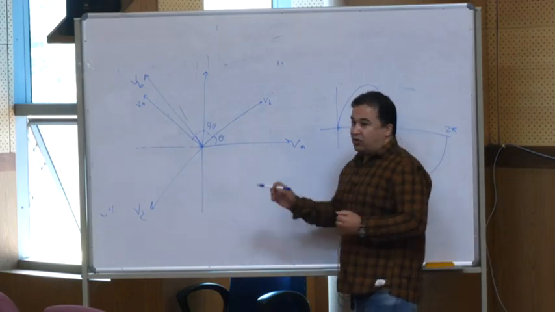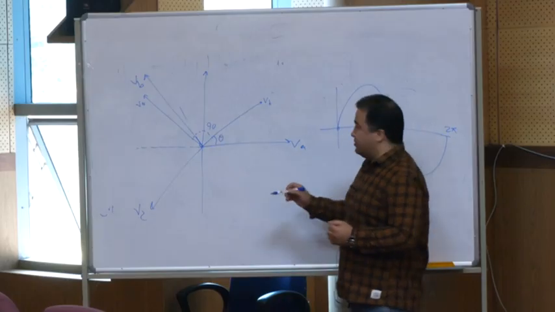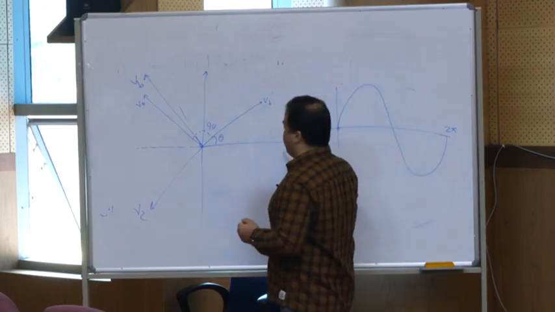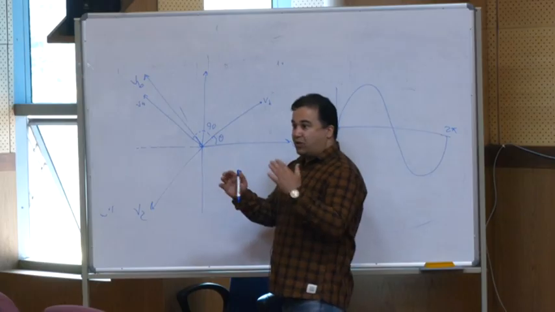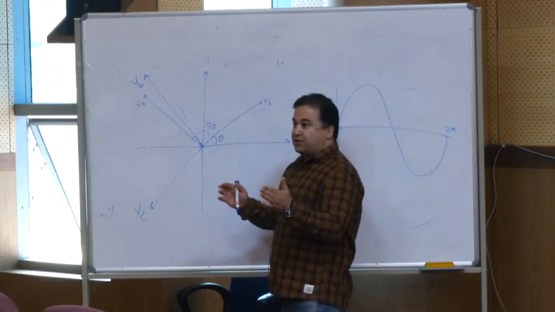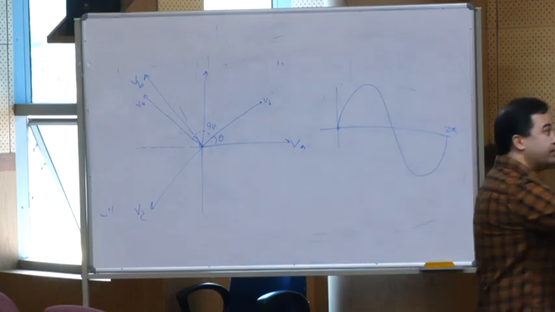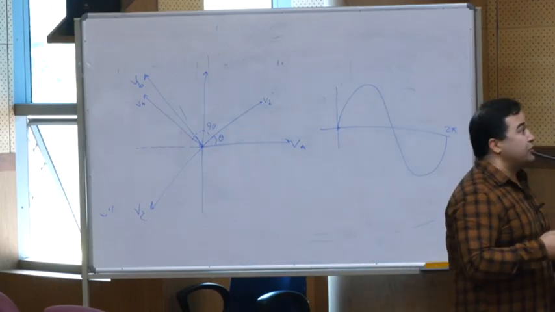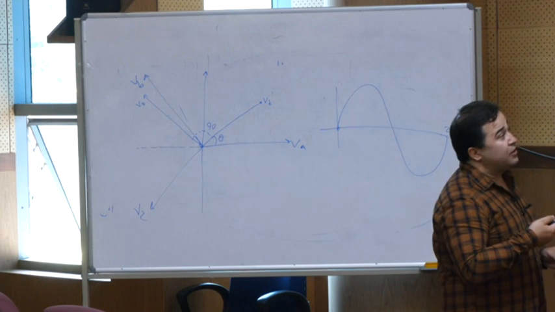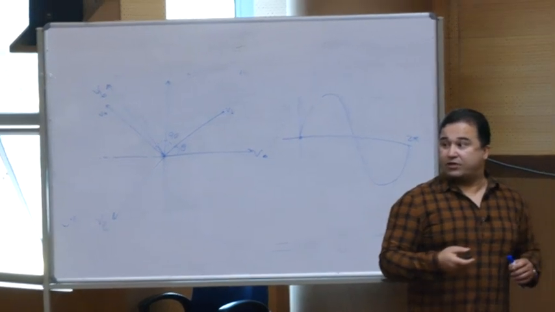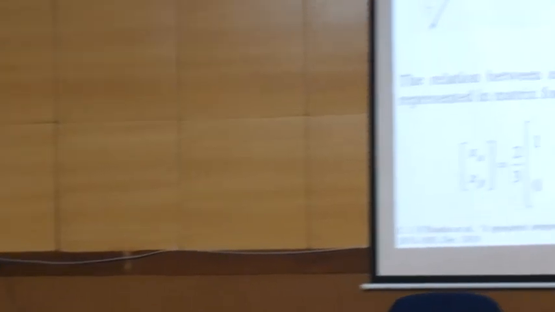Then we also have alpha beta. We said that V alpha and V beta are sinusoidal. It starts from 0 to 90 degrees. If you go to this one, you see alpha and beta, shifted by 90 degrees here.